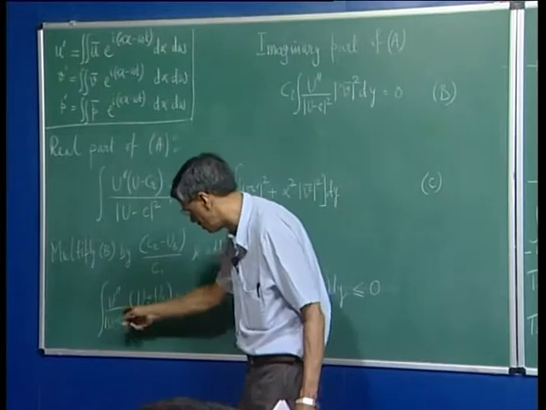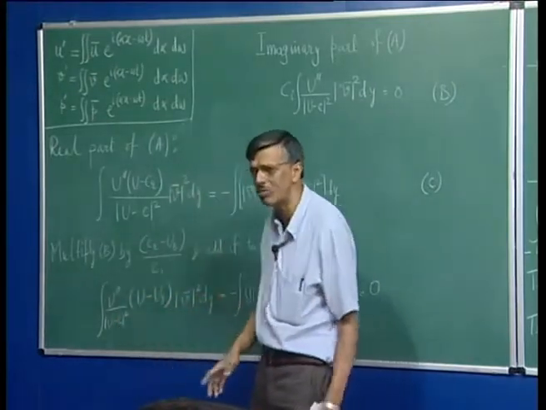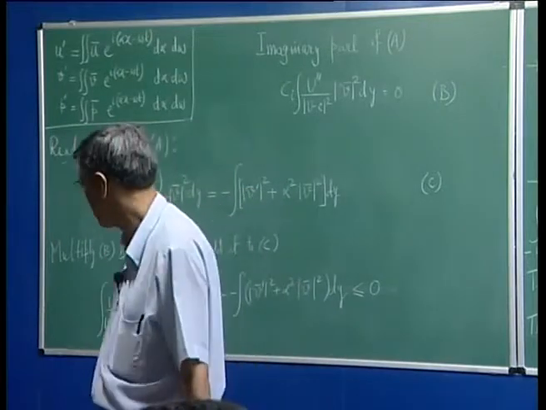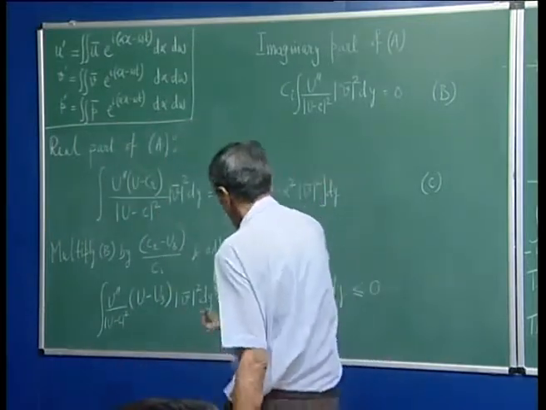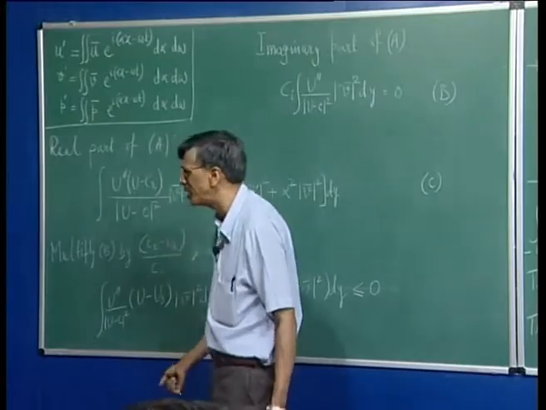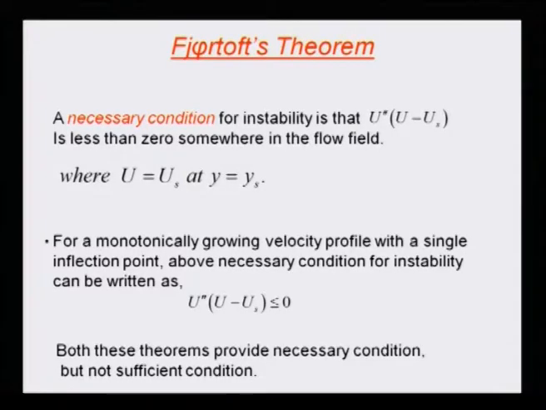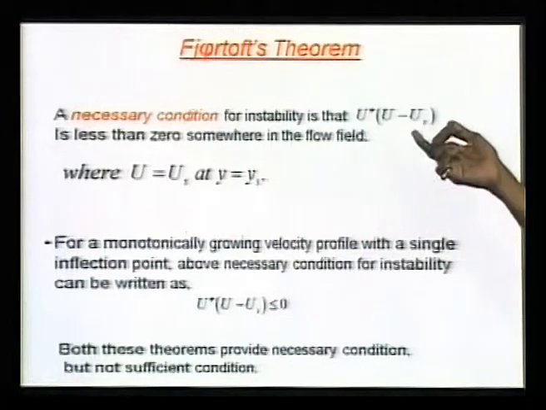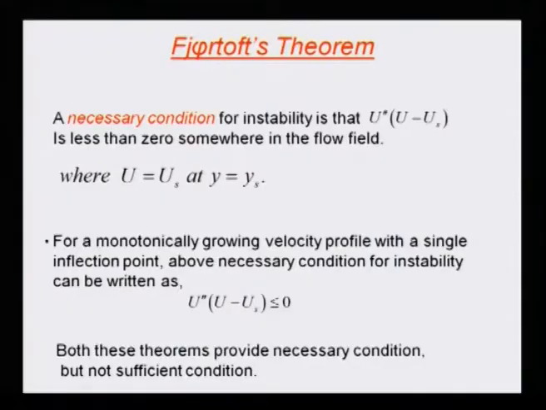The integrand has to be somewhere negative, because this is a positive quantity, this is a positive quantity, and that is exactly what he is saying here. Fjortoft is telling us that you must have u double prime times (u minus u s) less than 0 somewhere in the flow field.